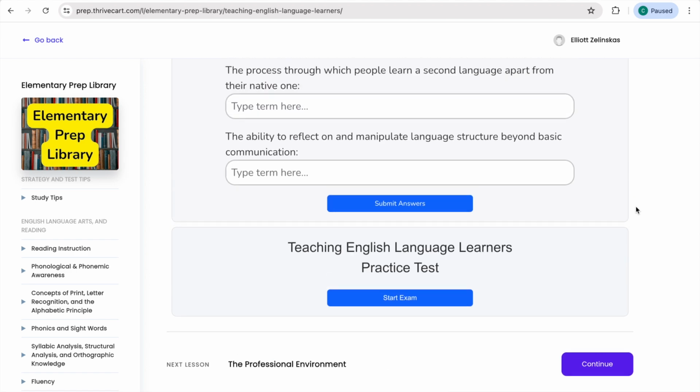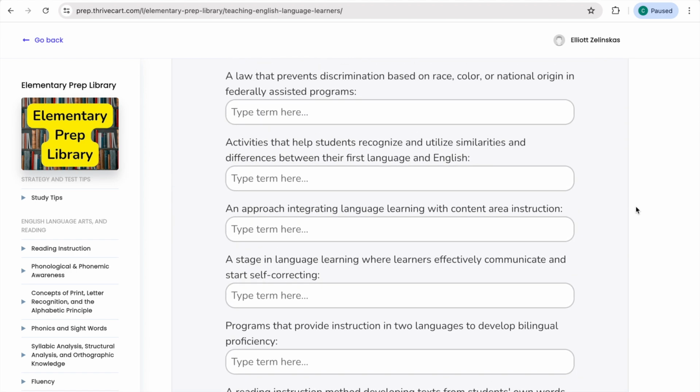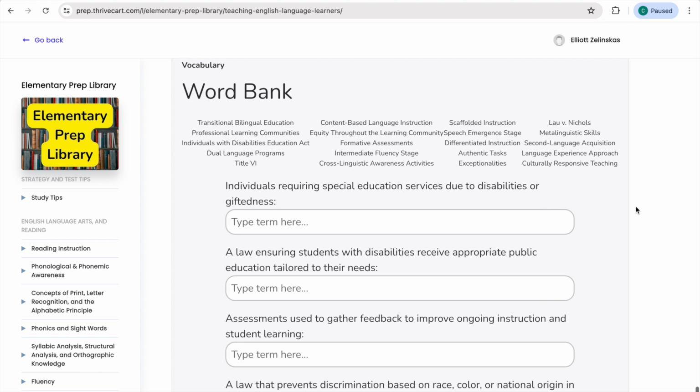But just remember that at the bottom of our study guides, we have ways that you can practice your understanding of the video that you just watched. So if you read this first one right here, individuals requiring special education services due to disability or giftedness, and you're thinking, I forget, what is that?